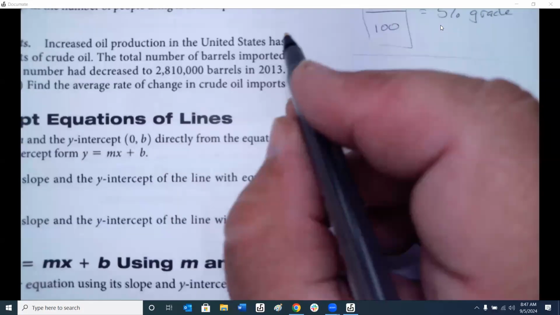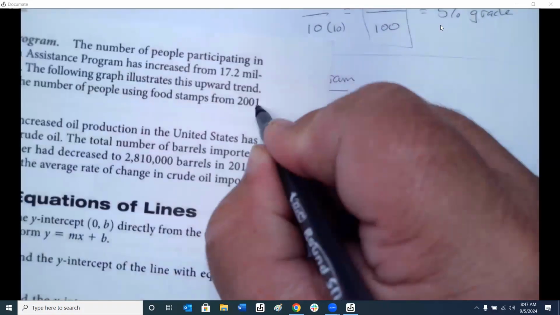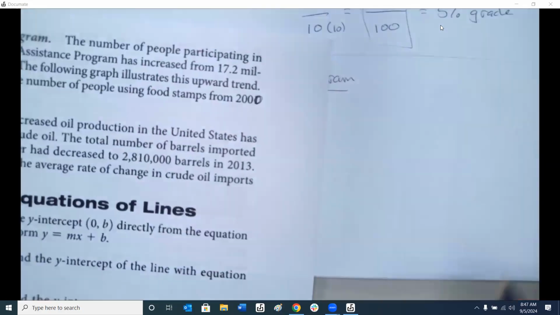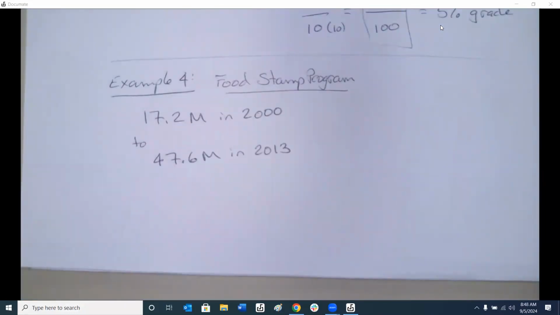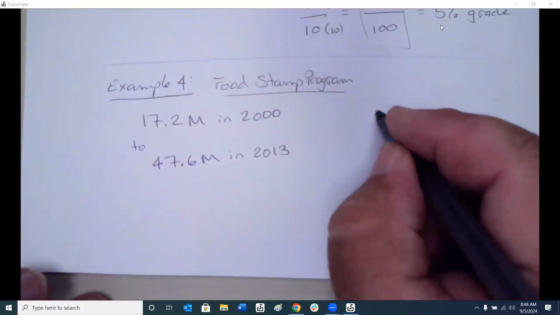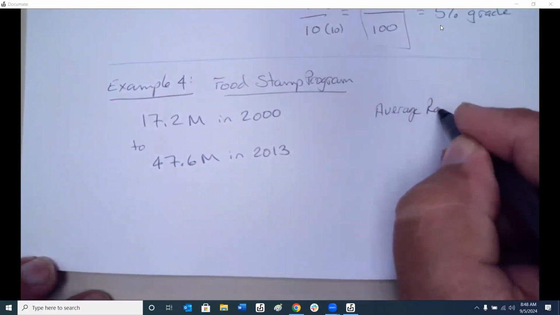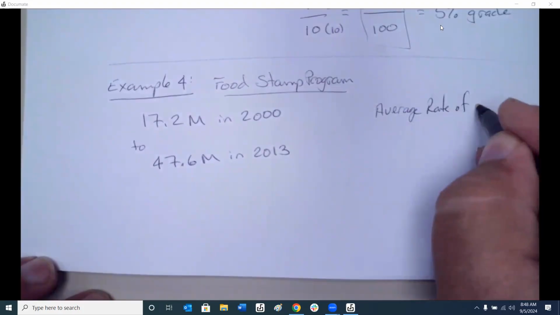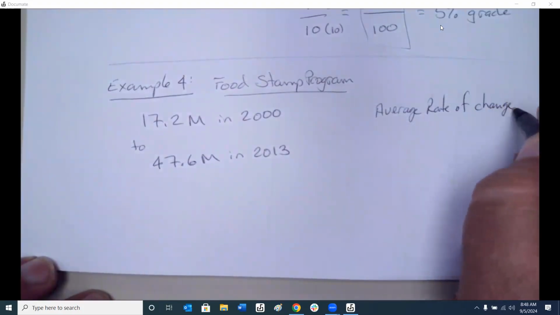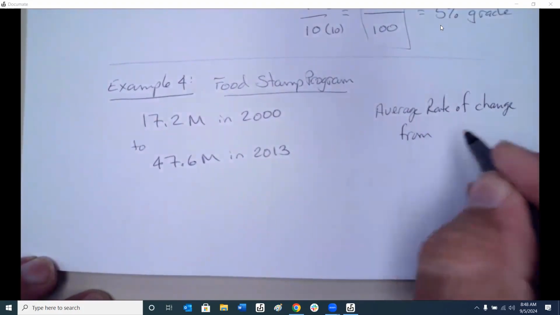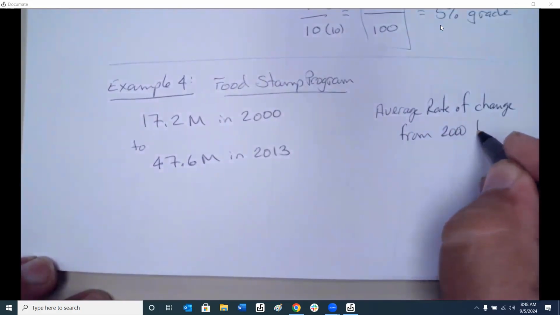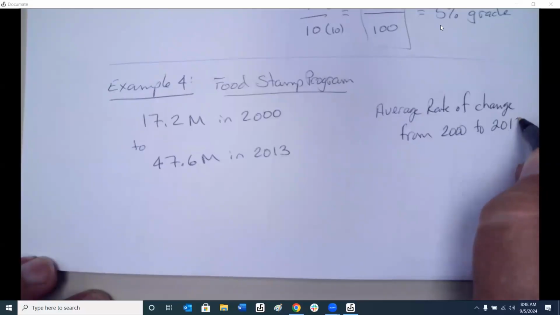That should be, this should be 2000, not 2001. So what's the average rate of change from 2000 to 2013?